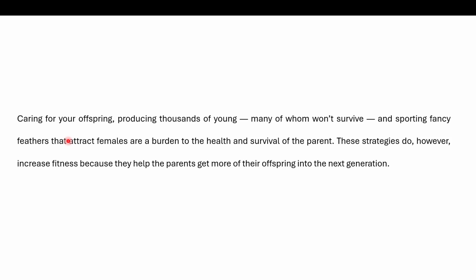So caring for your offspring, producing thousands of young, many of whom won't survive, and sporting fancy feathers that attract females are a burden to the health and survival of the parent. These strategies, however, can increase fitness because they also help the parents get more of their offspring into the next generation.